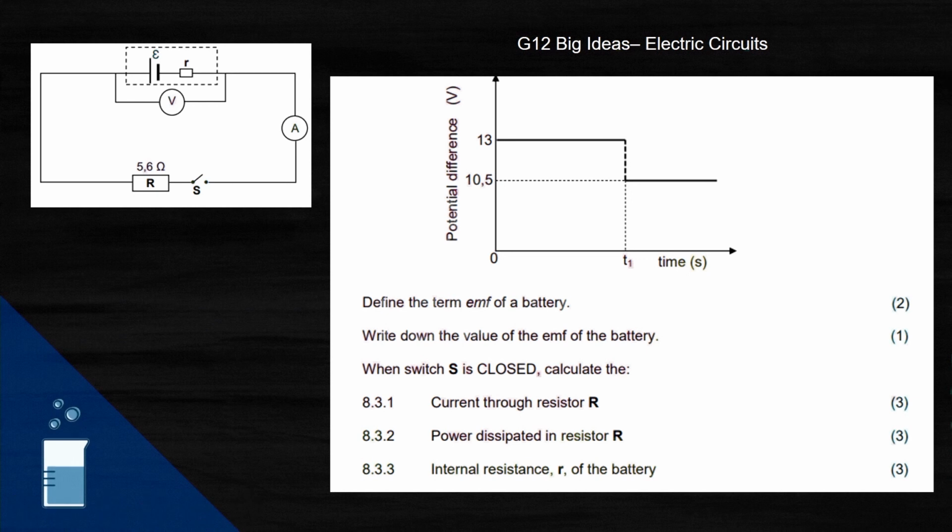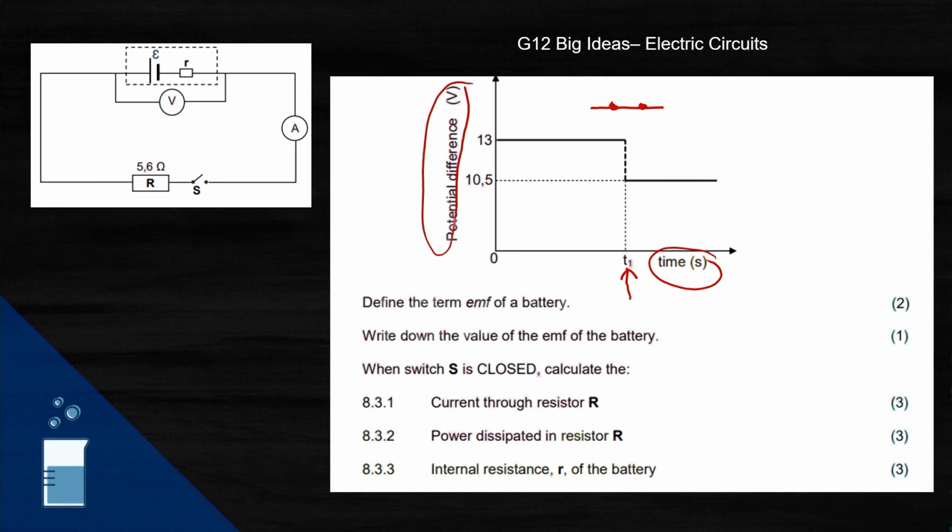Along with this question is given a graph showing potential difference on the y-axis versus time. In the question it tells us that at time equals t1, the switch is closed. So the switch goes from open to closed.